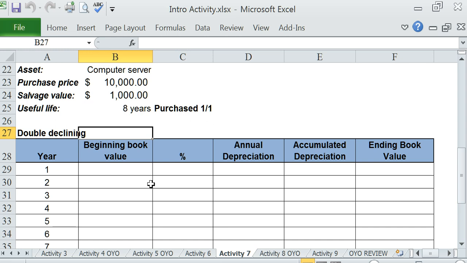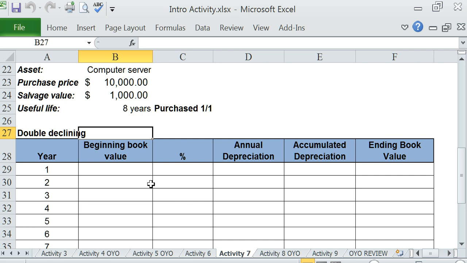When we have an asset that might generate more revenue, then we're going to take more of a depreciation expense, because that asset hasn't suffered wear and tear, it hasn't been worn out, and it's producing more for us. So it's most likely generating more revenue. In that case, we would generate more expenses to align with that increase in revenue. Okay? So that's sort of the philosophy behind it.